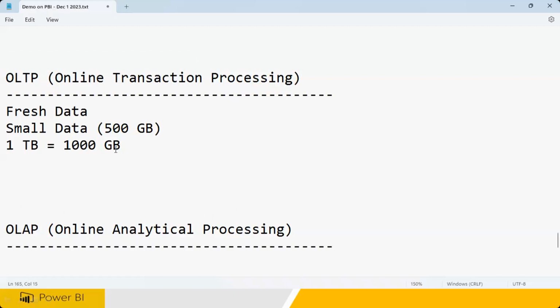So OLTP systems are going to maintain 1 terabyte or less than that. You have small size data, read and write data will be there. 80% of the time you're going to have writing capability.